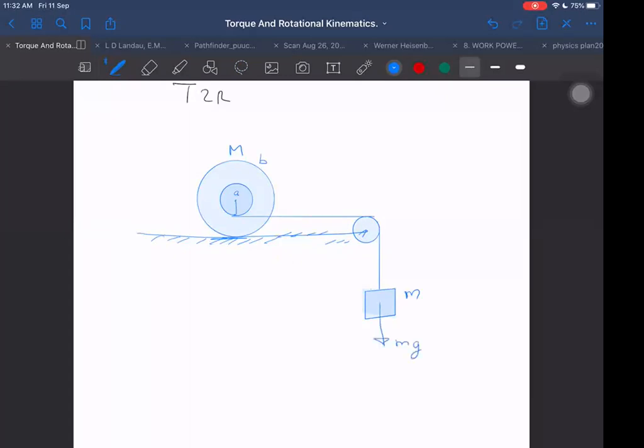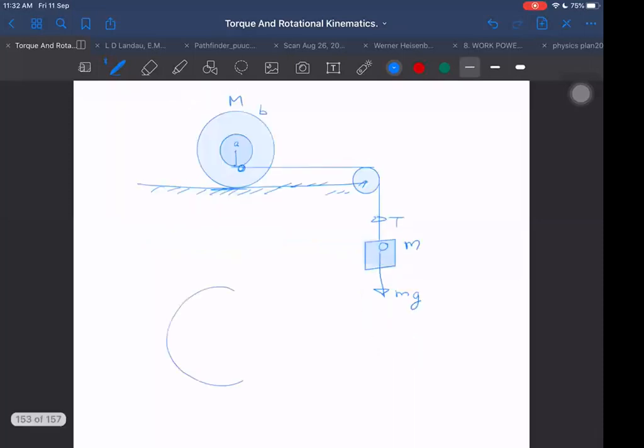Mg acting downwards here, tension T upwards. If you want, you can do the same thing again. I will assume this as a point mass and attach it directly here itself, and I will make the diagram then. Mg acting towards right, and this mass is m here. You can think like that also.